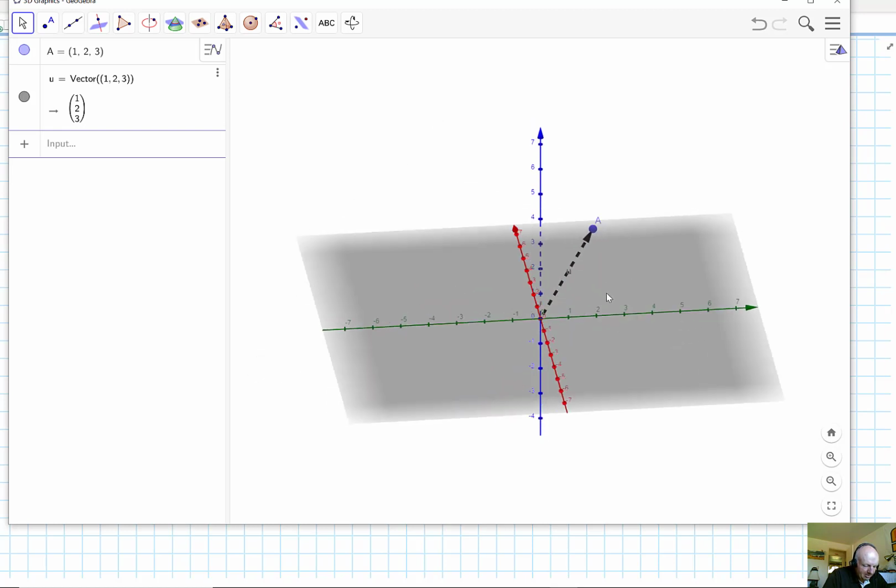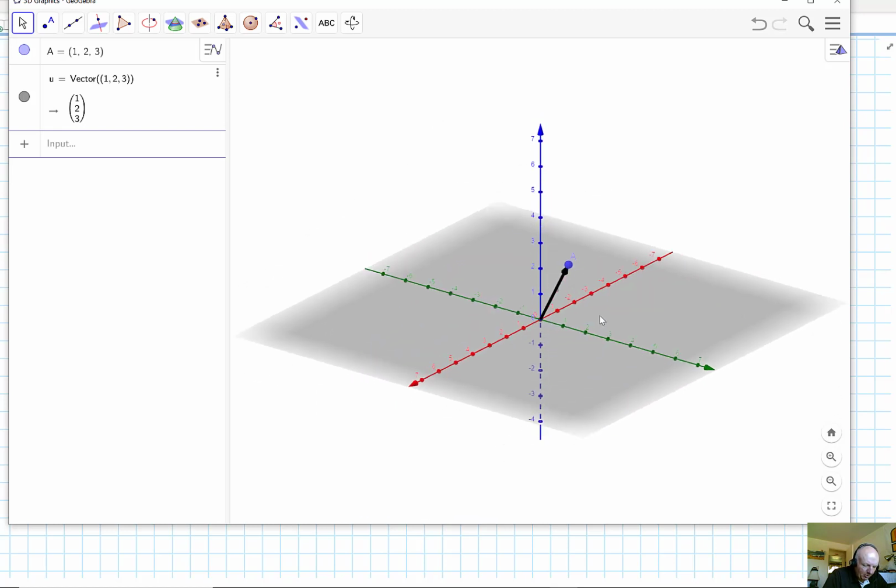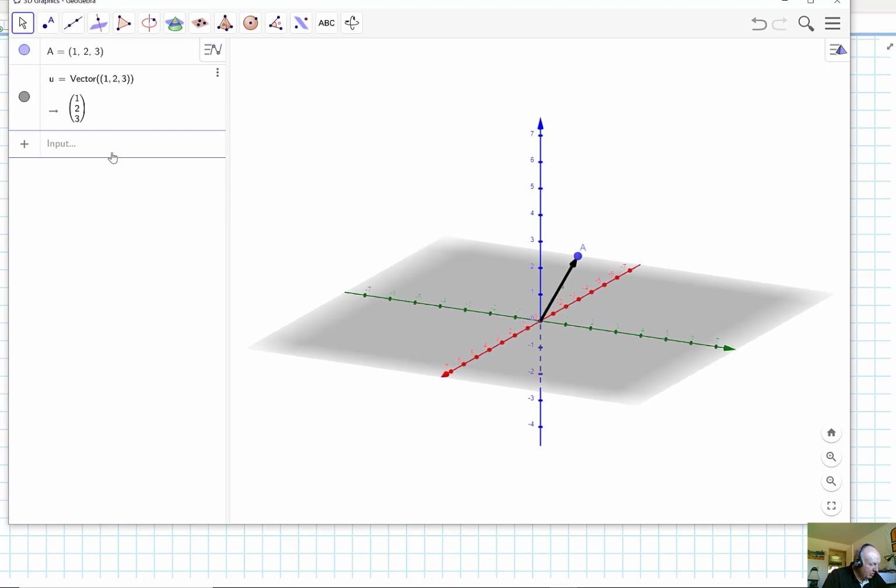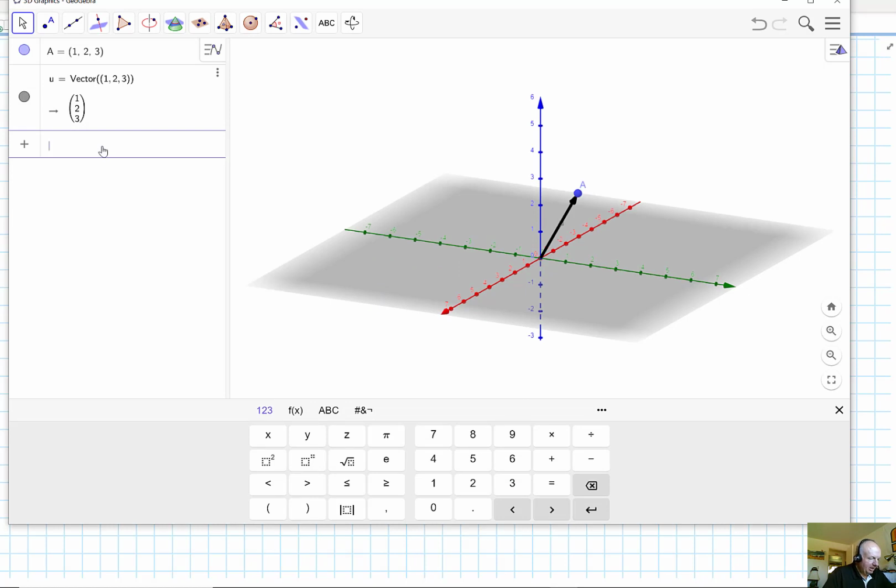Okay, so now we start thinking about these vectors and what we can do with them. First thing we can do is add vectors. Suppose I have the vector 4, minus 3, minus 1.